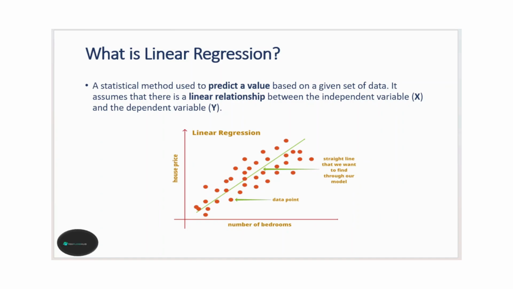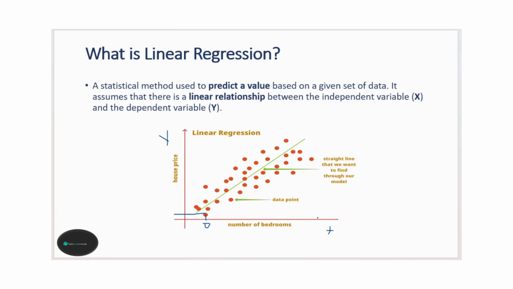If we take the example of house pricing data based on the number of rooms, the house price is Y, the target feature, and X is the number of rooms. In case we have 0 rooms in the house, definitely the price would be less.